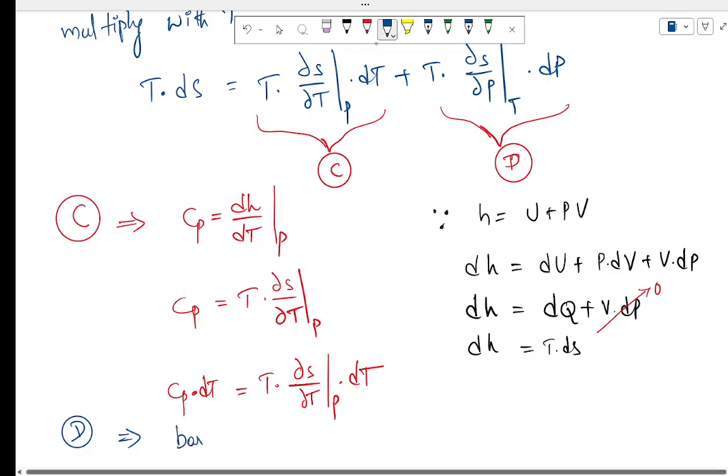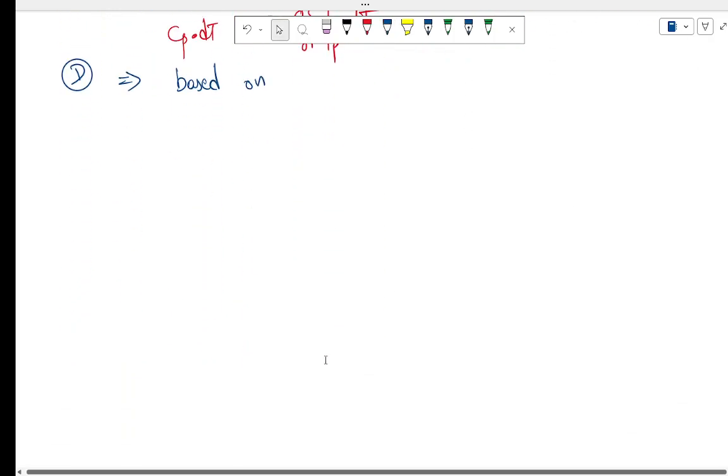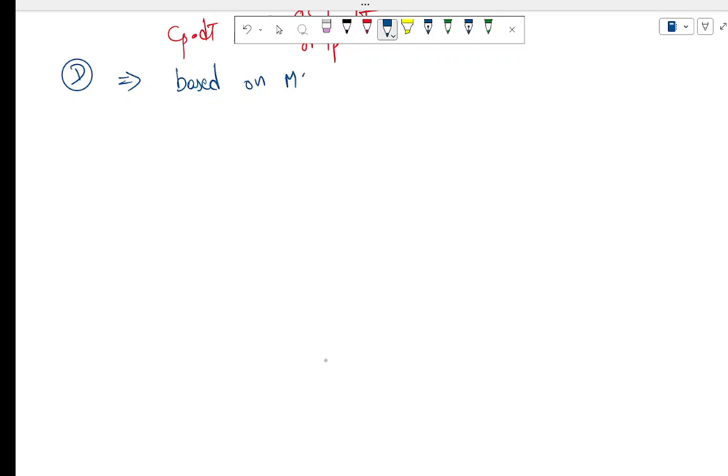So based on Maxwell relation 4, I can say that ∂V/∂T at constant pressure is equal to minus, the minus is very important, we should not miss this, ∂S/∂P at constant temperature. So this is what I have here.